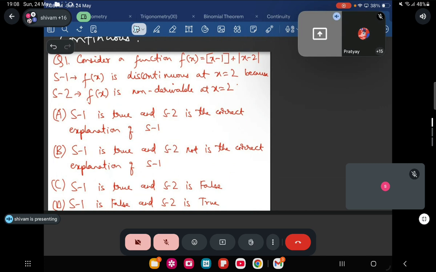Those who are in the last bench, write the answer a little bit huge, in larger fonts. Correct. Wait, which option? Write properly which alphabet you have written. Check it again.